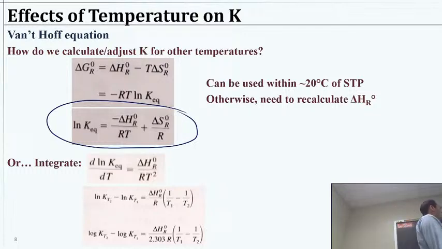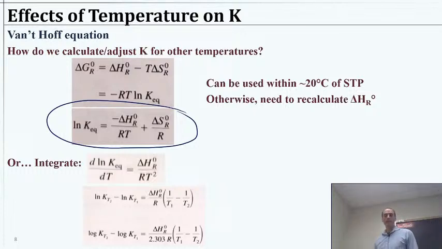From there, we can integrate that and get these equations, which is something you probably saw in chemistry at some point. And that's the kind of thing I'll give you on an exam formula sheet to say, look, here's our Van't Hoff equation. You know what to do, right? You have temperature 1 and temperature 2. And I think this applies to both here. We might have to recalculate delta H, but if we have it, we can go from there.